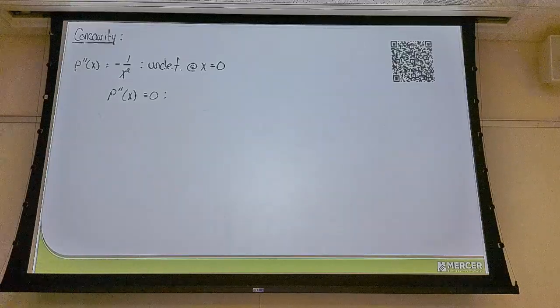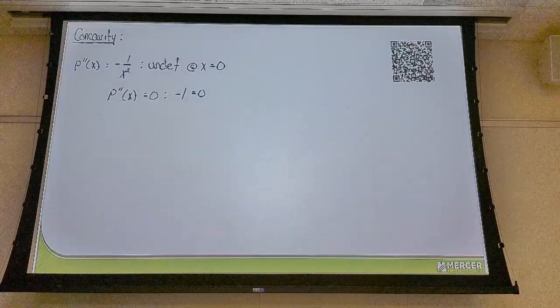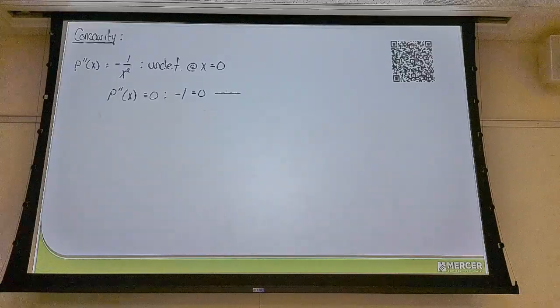If P prime of x equals 0, what are we saying? Are we saying that negative 1 is 0? Does negative 1 equal 0? I don't think so. That is what we call a contradiction, which means my assumption was wrong.